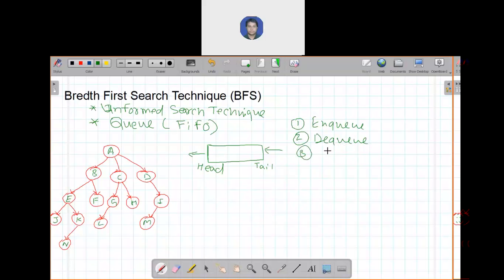The third operation you can say is empty. It just returns true if your queue is empty, otherwise it will return false. Is full. Yes, good.